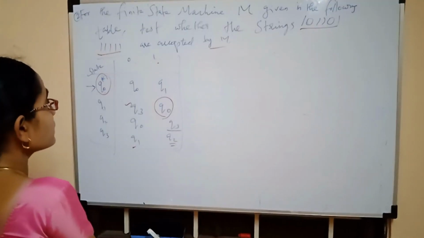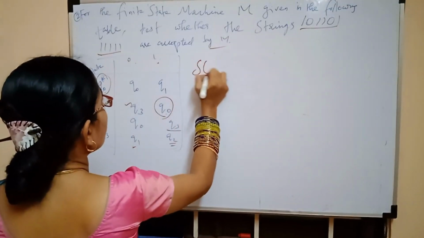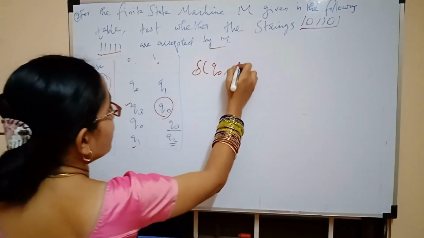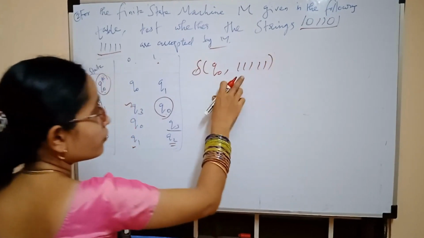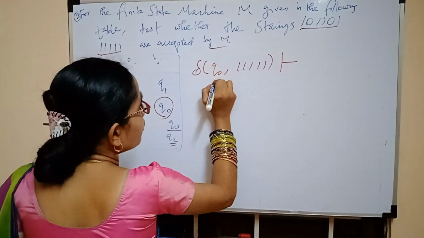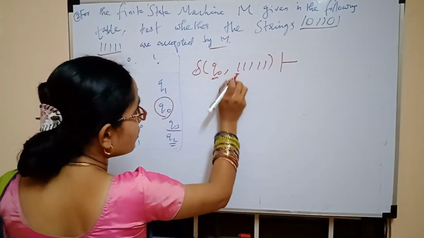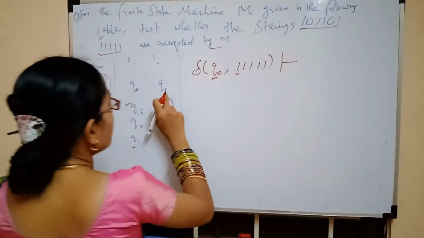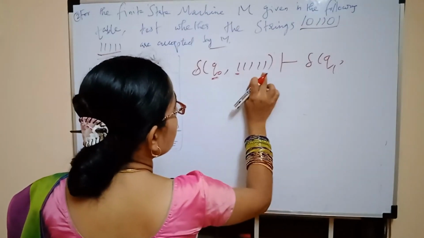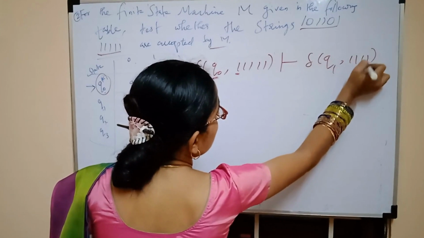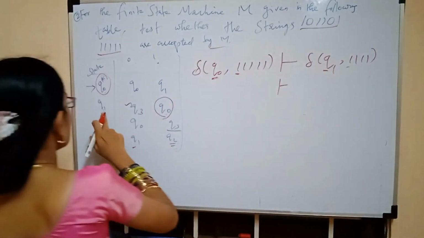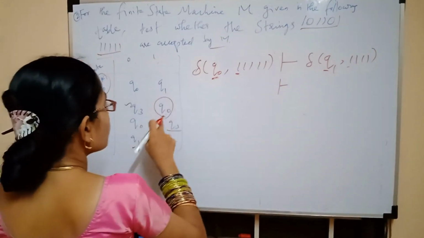Now we will take the other string. That is delta of q0, starting from the starting state, comma, you take the input 1111. Now you make a move: being in state q0, upon seeing the symbol 1, q0 on 1 goes to q1. So delta of q1 comma, you write the remaining symbols. Then q1 on 1 goes to q0.